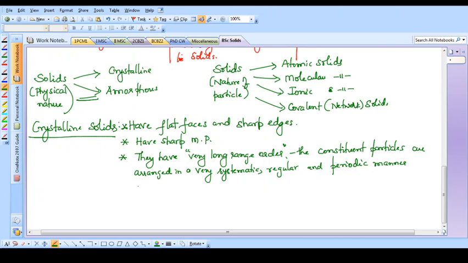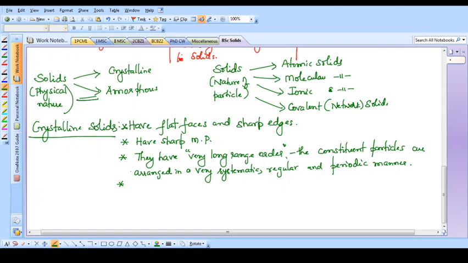And this order of arrangement is very long. I will explain this after I complete covering the properties of amorphous solids.